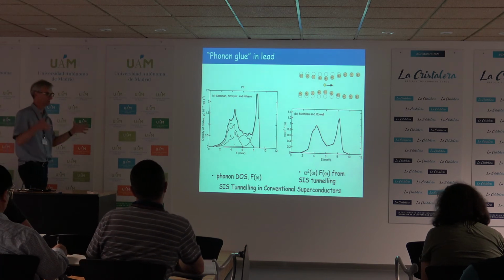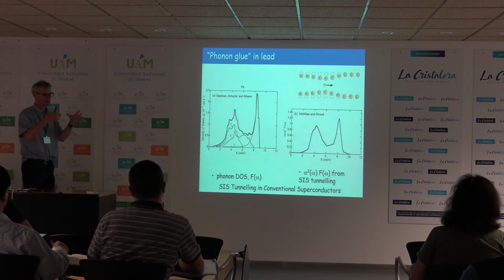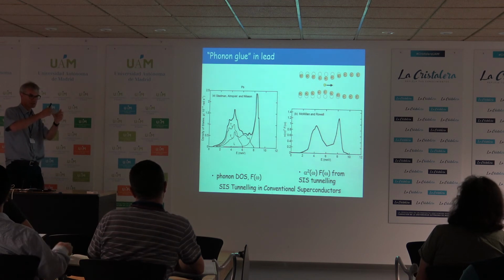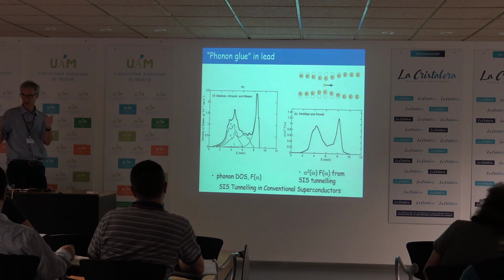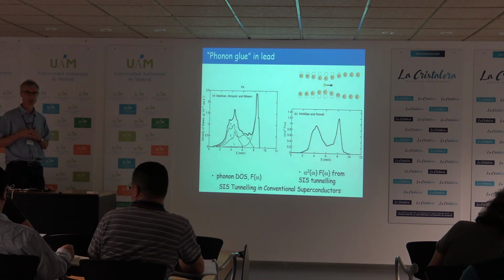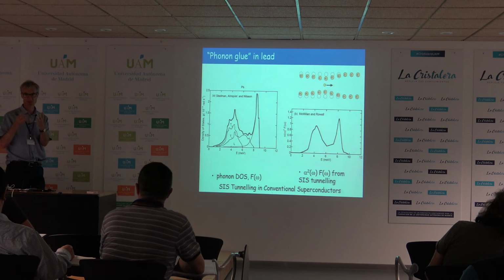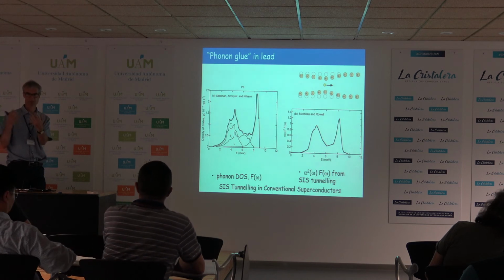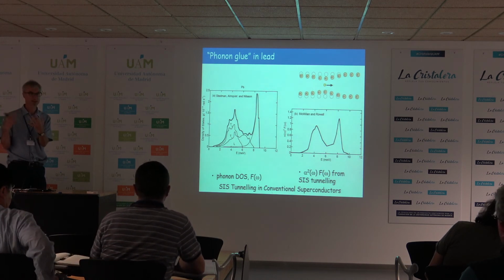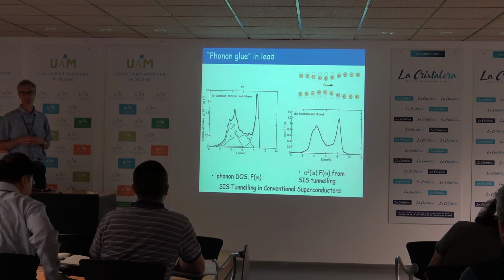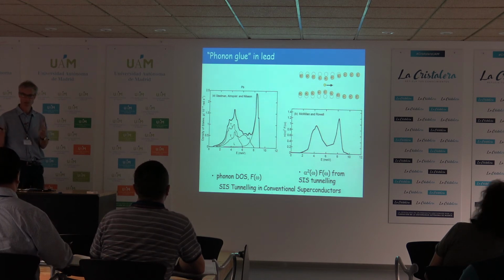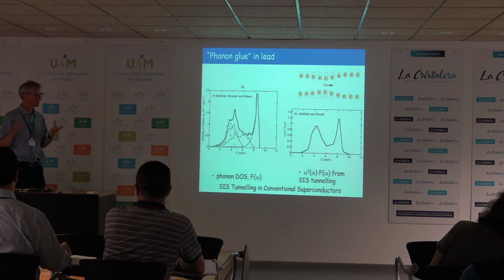There are features that are definitely strong near optimum doping, such as this peak at about 50 millivolts, and they disappear as you go further in doping. That's exactly what you'd expect if the spin fluctuations were reflecting the pairing energy of the superconductor.